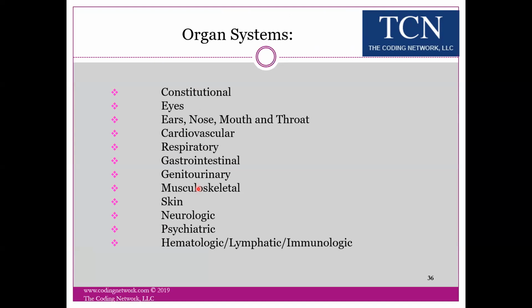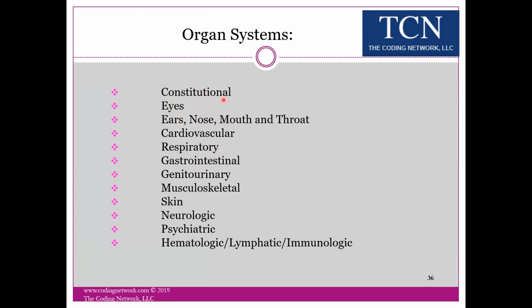You've got to document 8 organ systems. Keep in mind, constitutional is one of the organ systems. That could be 3 vital signs, or it could be simply stating the patient is in no apparent distress, or just describing the patient status. Keep in mind, eyes and ENT are separate.